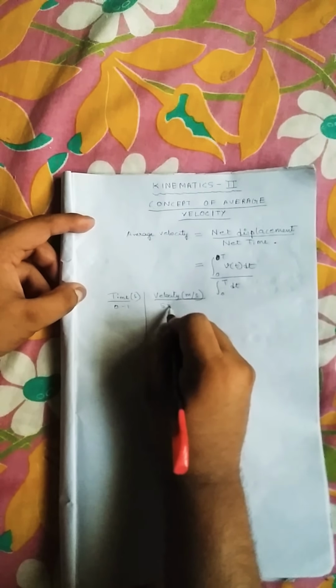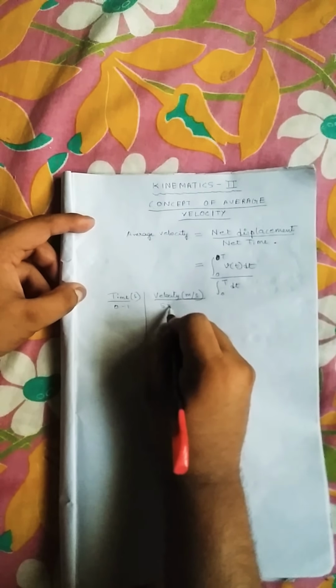So here we see that the velocity is linearly changing with time. That's an important observation that you must see. The velocity is linearly changing with time. So let us calculate the displacement of the first 1 second.